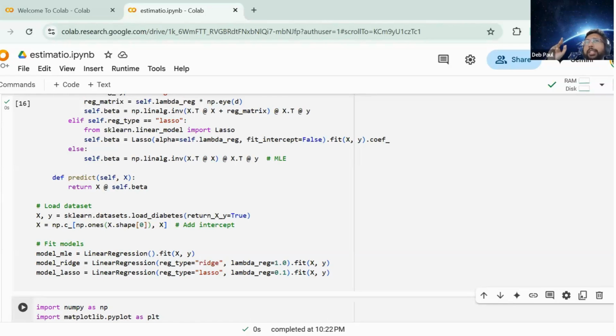Basically, we say that our initial parameters are random. Initially, we don't have an estimate, so I say it's a random combination of weights. So W is random, and from that we go and estimate W, right?